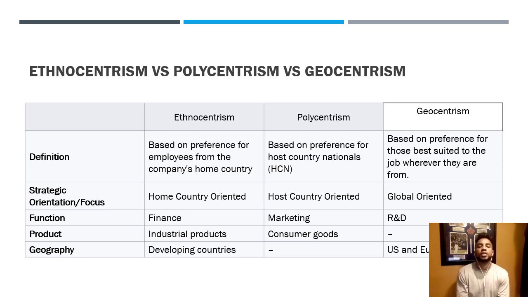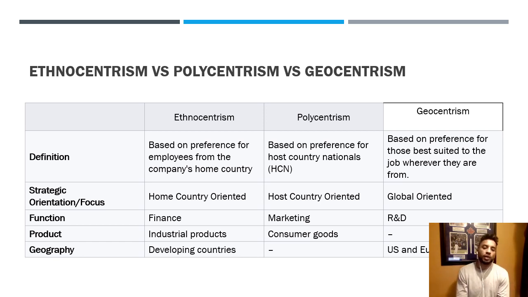Okay, so ethnocentrism versus polycentrism versus geocentrism. Don't get too worried about these words. They're just big words for very small meanings. Ethnocentrism is based on preference for employees from the company's home country. If you're ethnocentric, you're only looking at things that are good for your company from your home country standpoint.